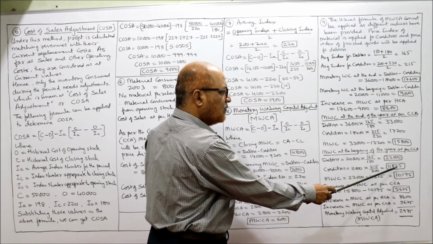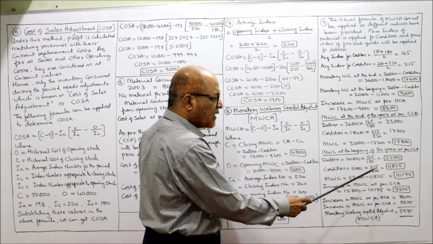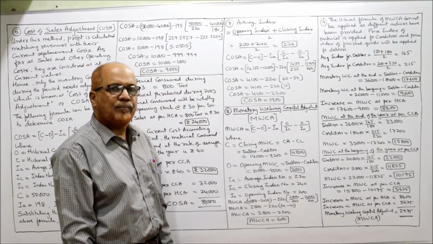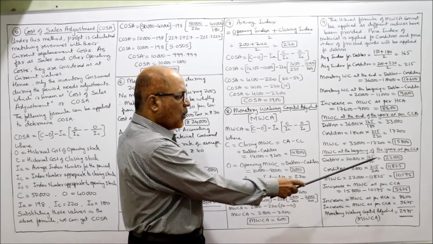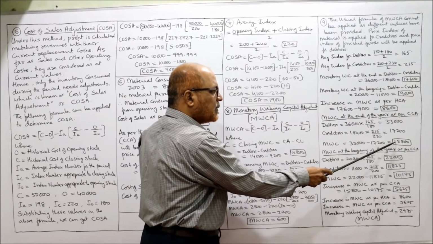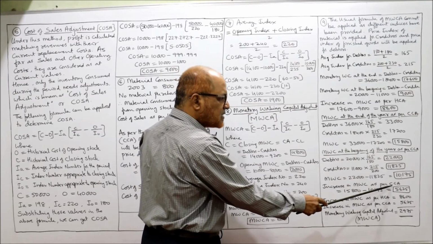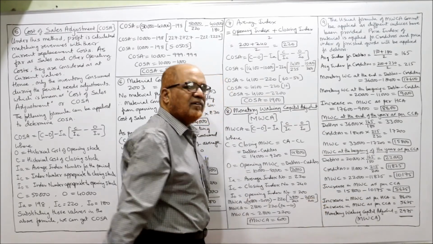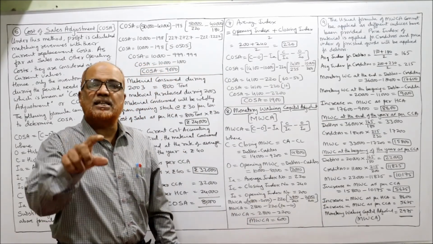So 11,825. So debtors are 22,000, creditors are 11,825. So monetary working capital 22,000 minus 11,825, 10,175. Opening working capital is 10,175 and closing working capital is 15,800. So increase in monetary working capital as per CCA, 15,800 minus 10,175, 5,625.